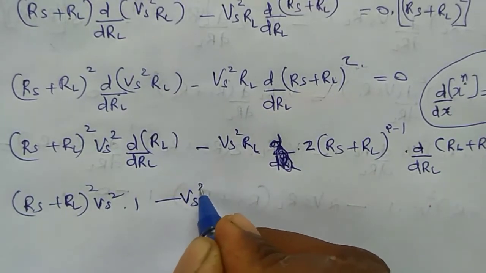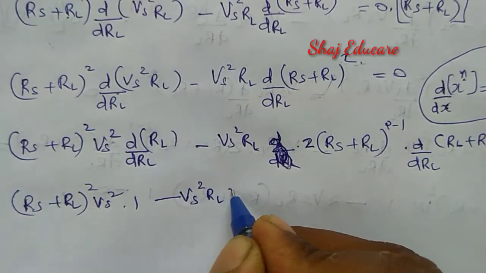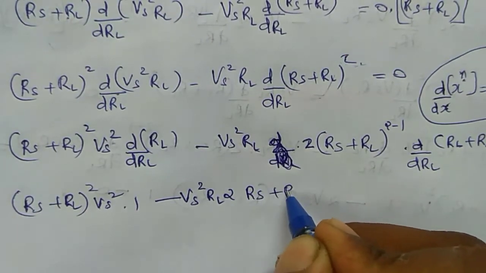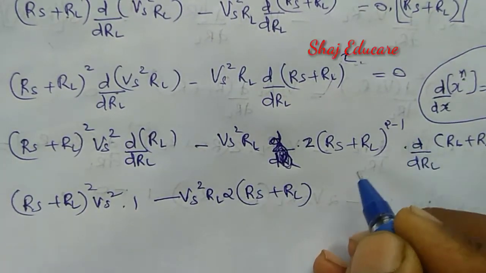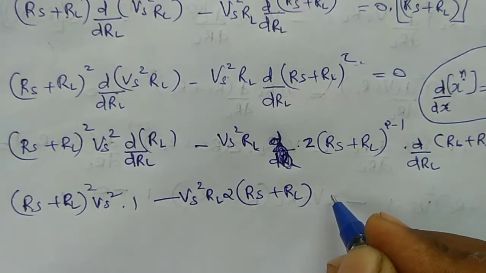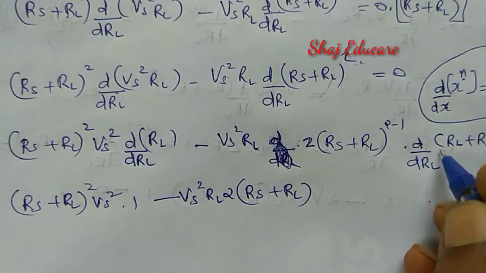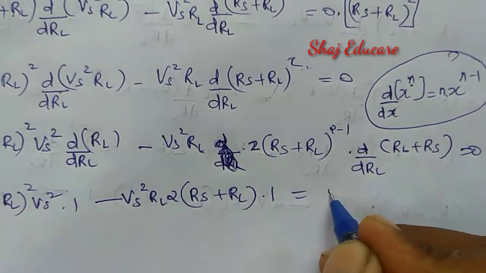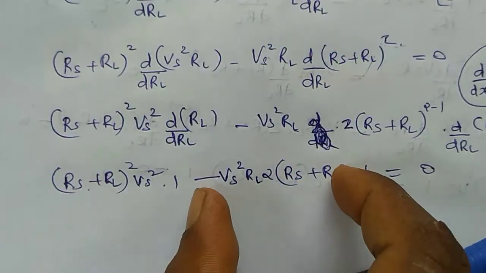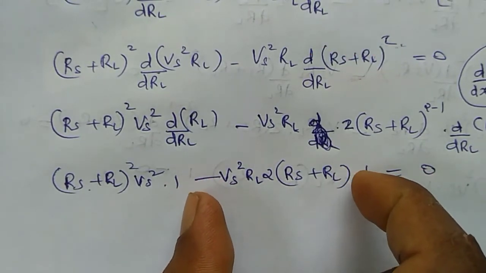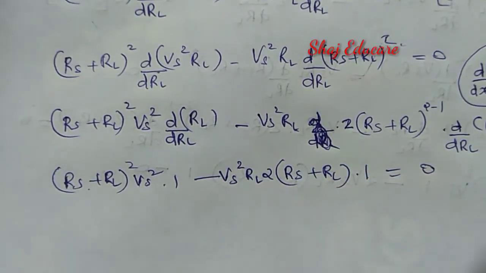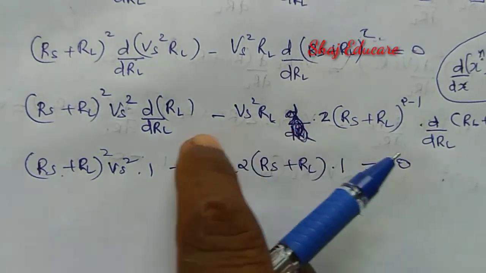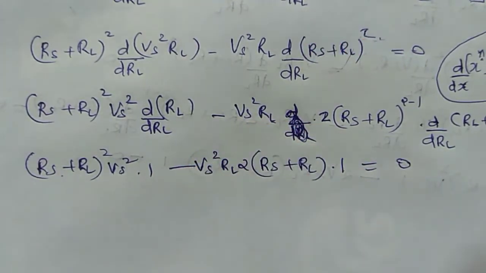Minus Vs square RL into 2 into (Rs plus RL) raised to 2 minus 1, in the sense 1, into d by dRL of this term, which is equal to 1, that is equal to 0. I'm going to take the entire second term to the right hand side.